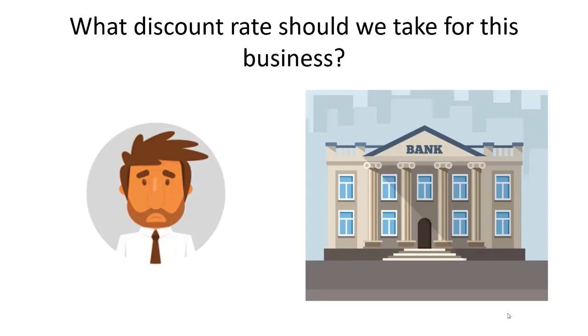Similarly, for 8 lakh rupees, there will be 80,000 rupees that you have to pay to the bank. That is the cost. So the cost of capital for you in this case, when the bank is lending you money at the rate of 10%, is 10%, because that is the cost associated with having that capital.